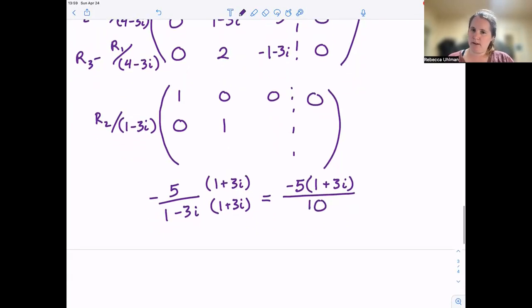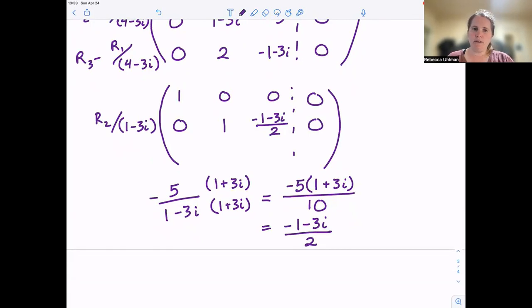And so we're looking at -1 minus 3i all over 2. So our second row is 0, 1, -1 minus 3i all over 2, and then 0.